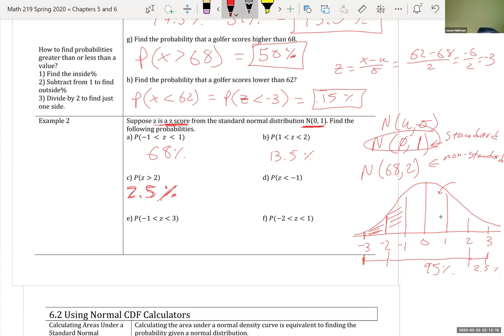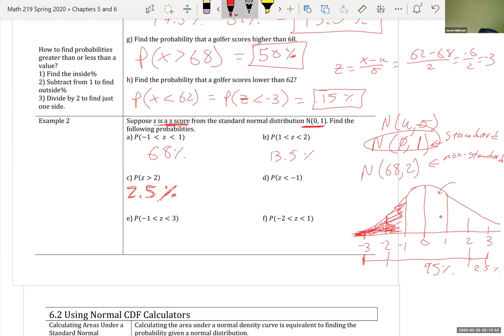Well, I know that this thing is 3 standard deviations. We want everything lower than -1, right?